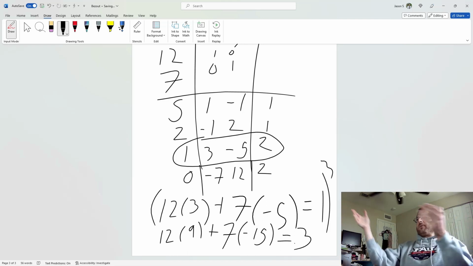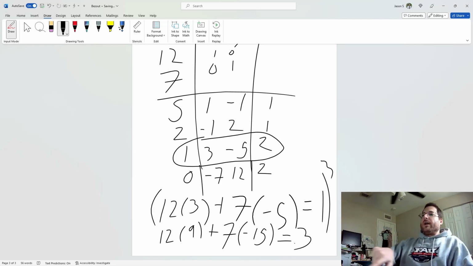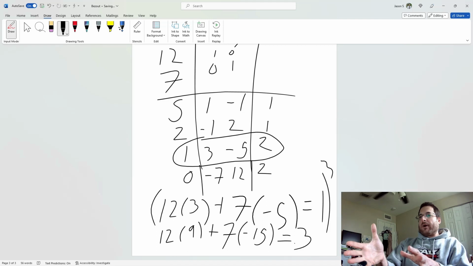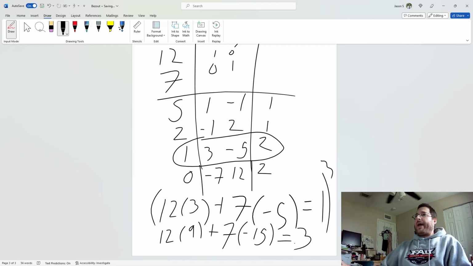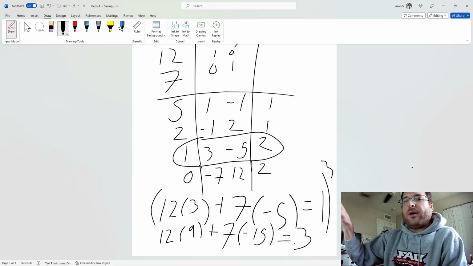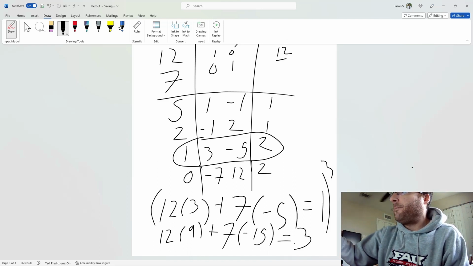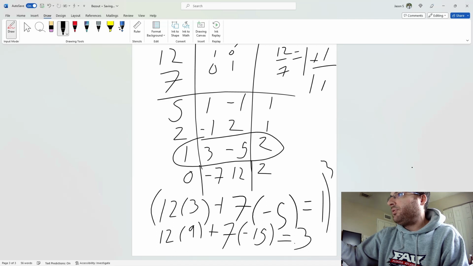And that's all you have to do. It could be 3, it could be 4, it could be 6, it could be 9, whatever. Just multiply everything by that number, and there you go. And what's really cool is that we have all the quotients here, so we could say 12 divided by 7 is equal to 1 plus 1 over 1 plus 1 over 2 plus 1 over 2.